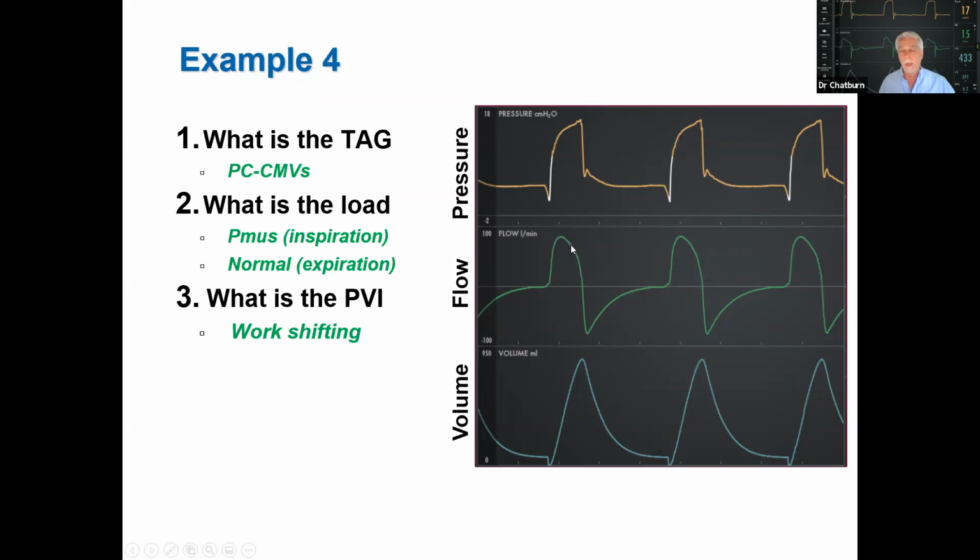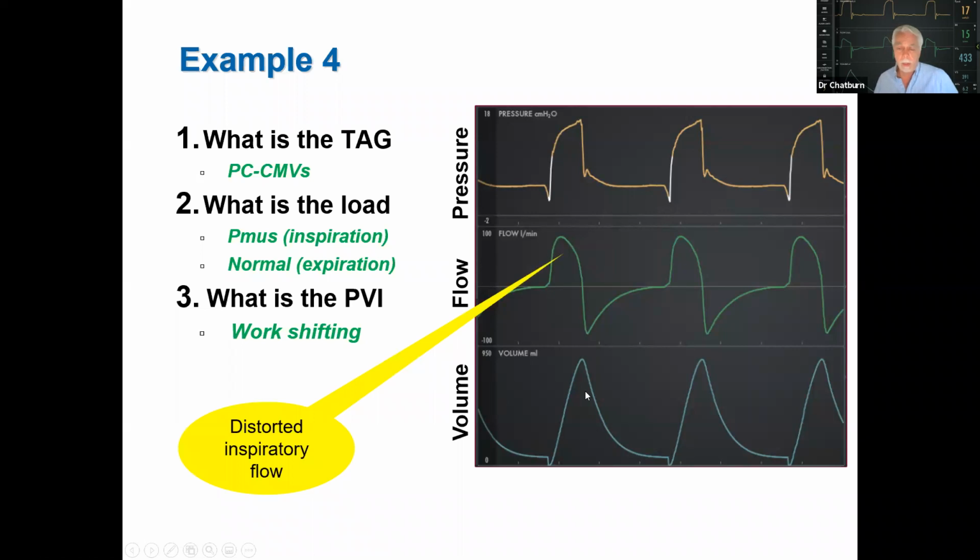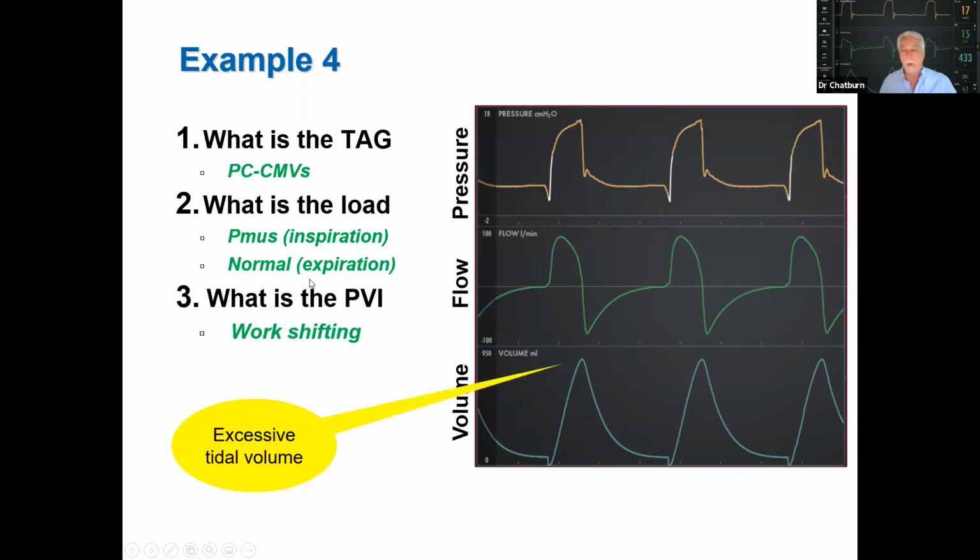Here, it's increased over what we'd expect to see for an exponential decay. We see a normal expiration because there's a nice exponential decay here. And we would call this work shifting because, again, of the distorted inspiratory flow and the augmentation of the tidal volume. And in fact, in a situation like this, you might get an excessive tidal volume above a safe limit of 6 to 8 mLs per kilogram.